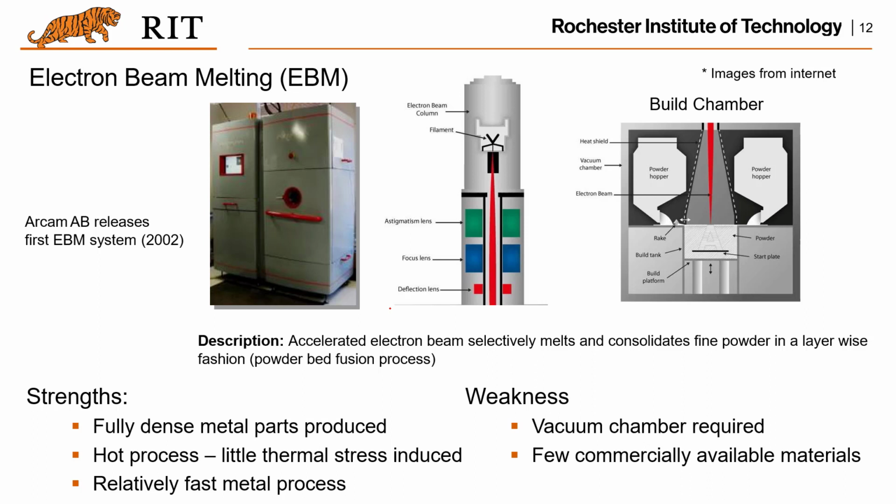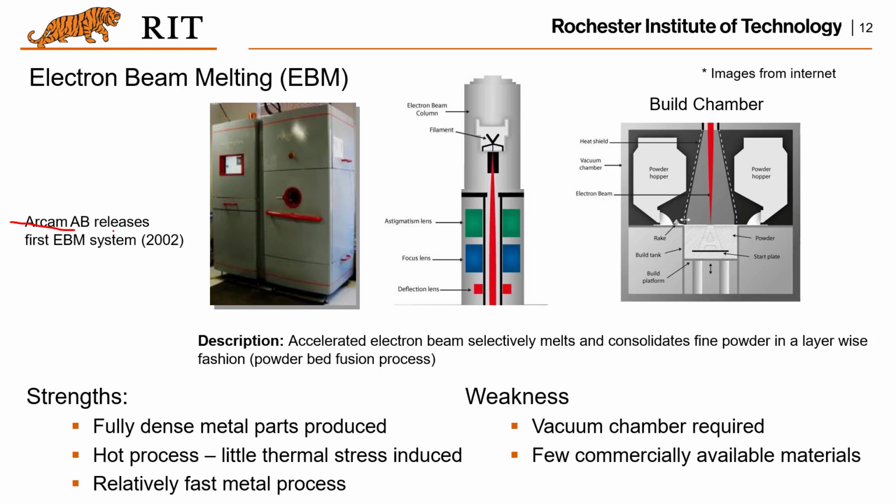Another process is electron beam melting, and here is a machine from Arcam. This company was originally established in Switzerland, and is now acquired by GE Additive. Basically, it utilizes electron beams instead of a laser to melt the material.